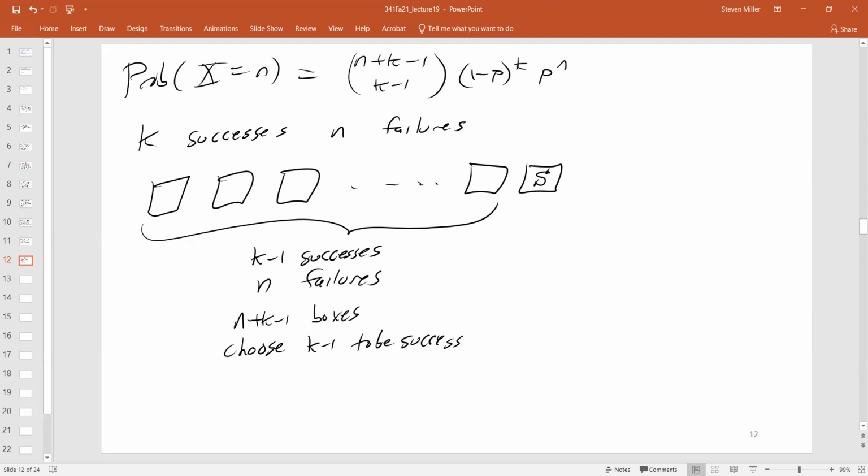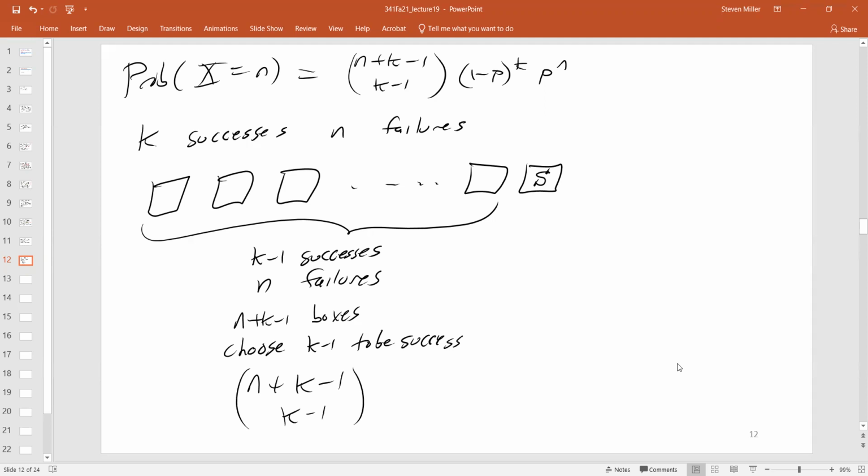How many ways can we do that? It's going to be N plus K minus 1, choose K minus 1.